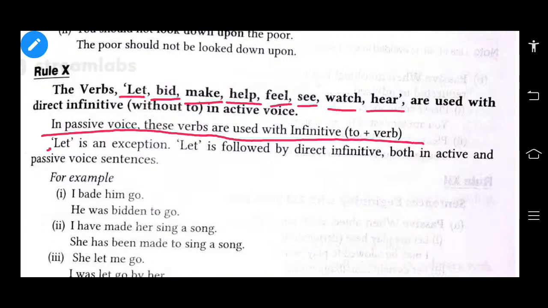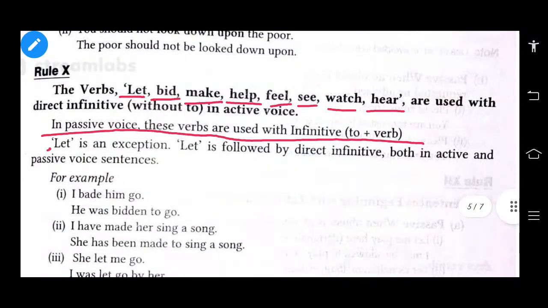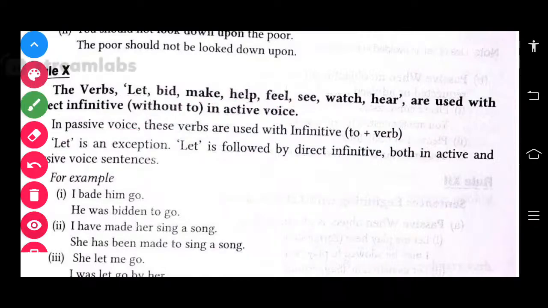But when it comes to passive, while we are making a sentence into passive, it is to be used like a to infinitive. So the direct infinitive has to be used as a to infinitive. Did you understand this? I bade him go. He was bidden to go. Just look at the examples over here.